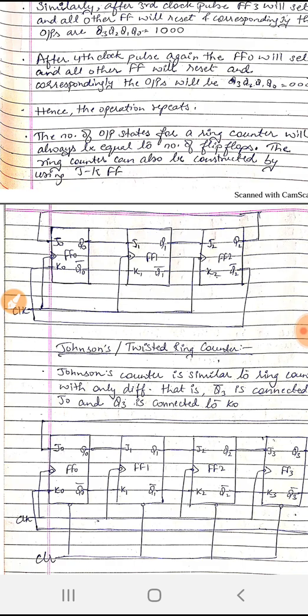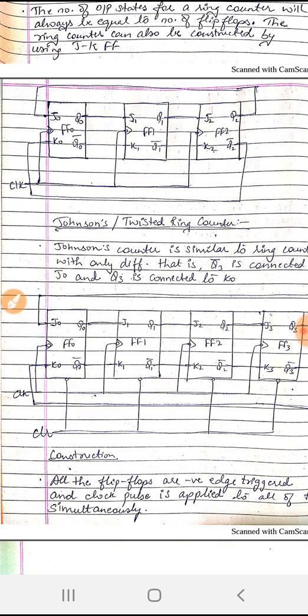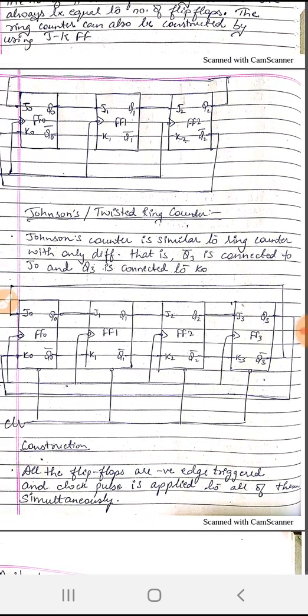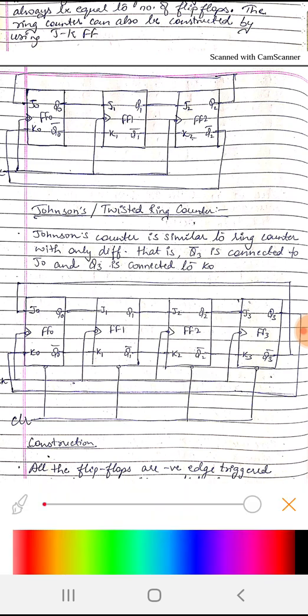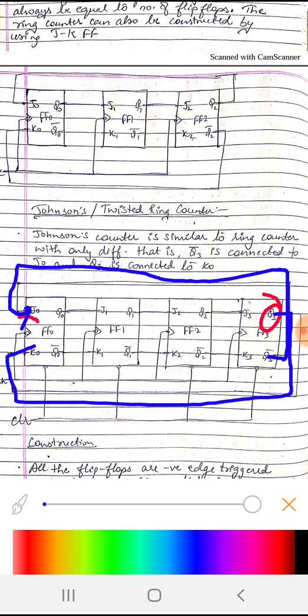So now the next is Johnson or twisted ring counter. It is similar to ring counter, but the difference is in the design only. Look here, as we have seen, the output should be fed to the input of the first flip flop. Here instead of Q3, I have fed Q3 bar, the complement of Q3, to J0 and the Q3 to K0.